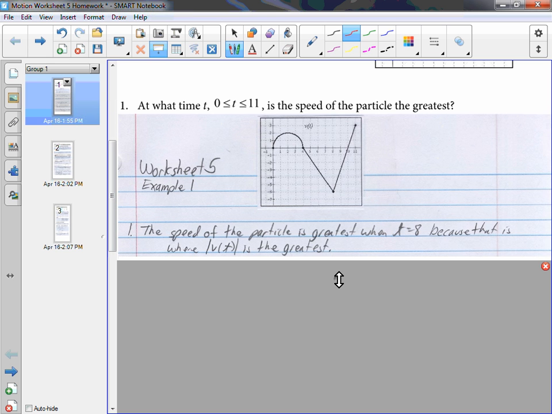Technically speaking, it's not the maximum velocity, is it? Because positive velocities are greater than negative velocities, but it is the maximum speed because it's the maximum of the absolute value.